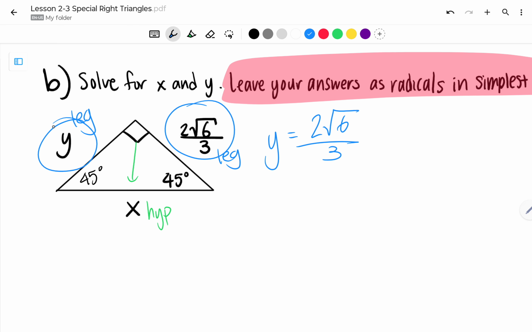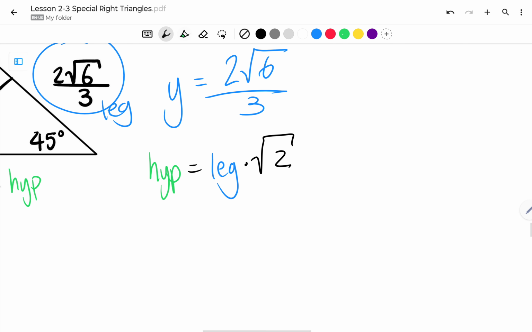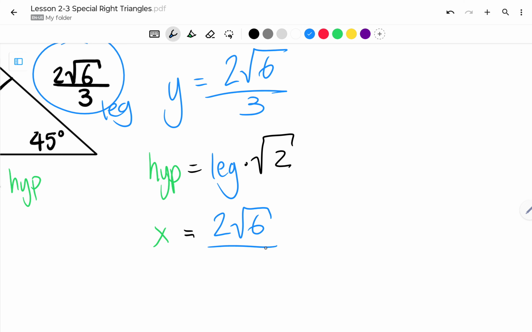These have to be equal to each other. Cool. The other formula: hypotenuse equals leg times root 2. Hypotenuse is x. It equals the leg, which is 2 square root 6 over 3.